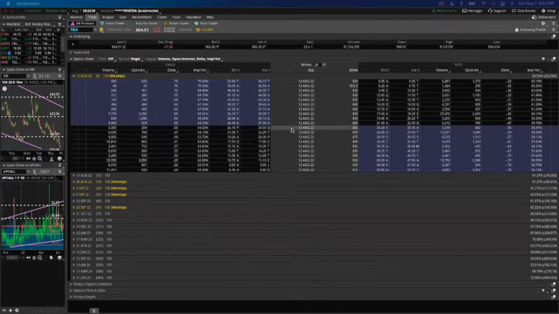Say hypothetically you bought this 865 and it's a 0.50. The further it goes out of the money, notice how these gradually increase, right? It's slowly going to decrease in how much money you are losing per contract. So that's a nice part about the delta, something to keep in mind. Okay, so this is basically how much money you're making.